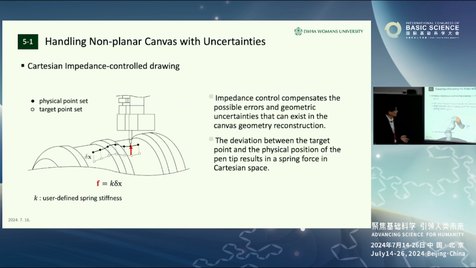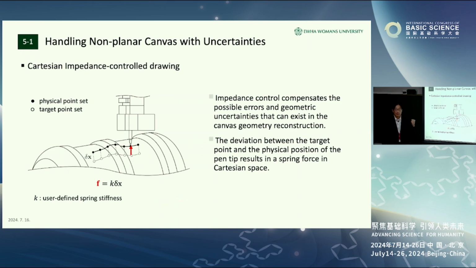But if the physical geometry is not as precise as what you hope for, if there are some discrepancies, the robot may not even touch the target surface, because the robot thinks that there is a surface, but there may not be, right? Also, if you have really bumpy surfaces, it's really hard to follow the surface, especially if you do not have really dense samples.